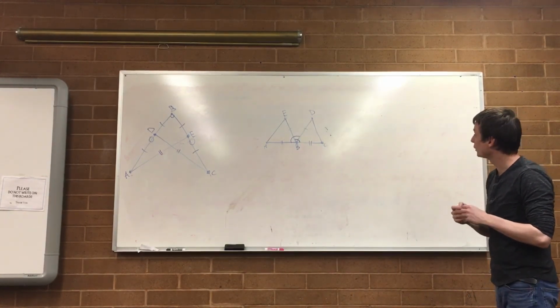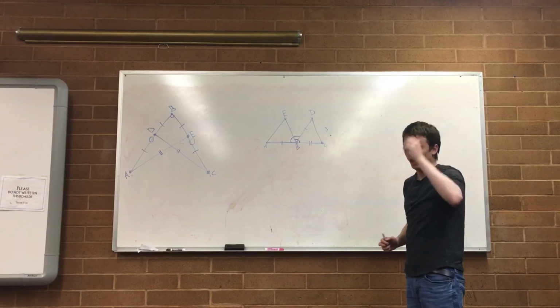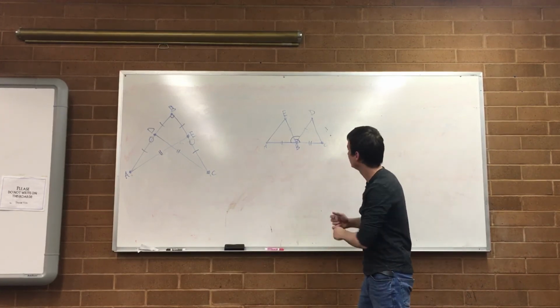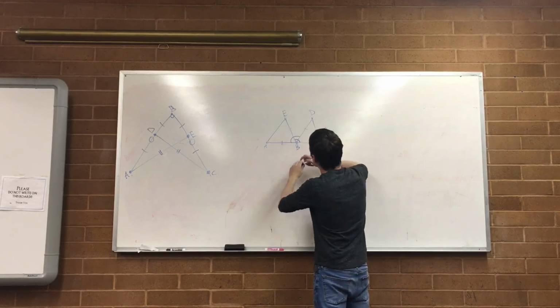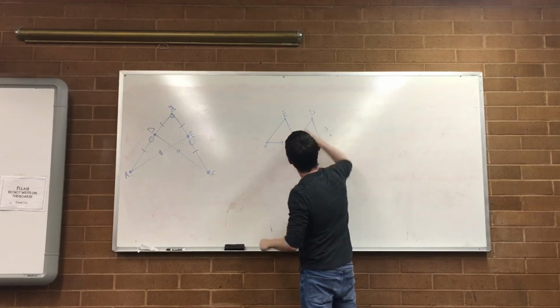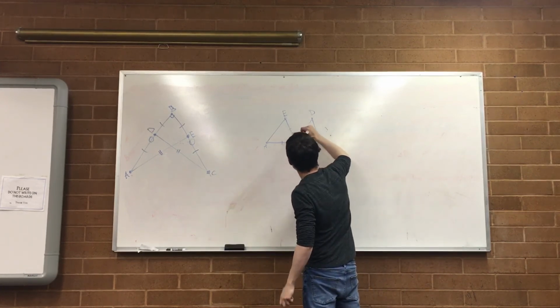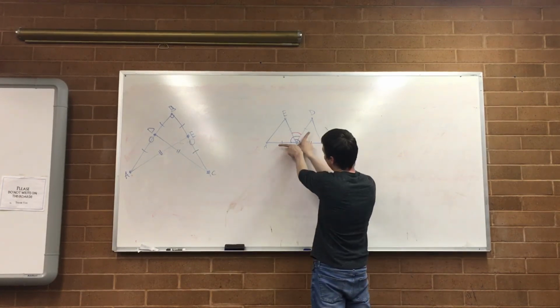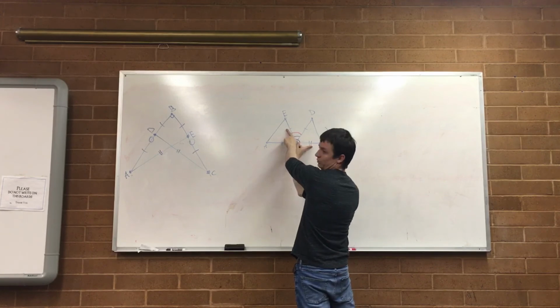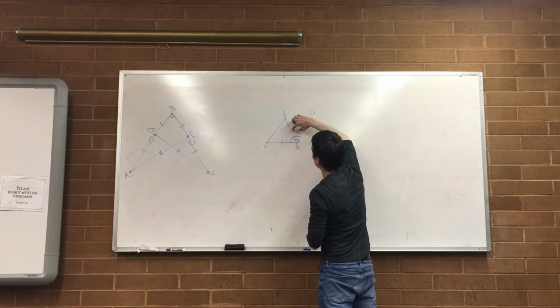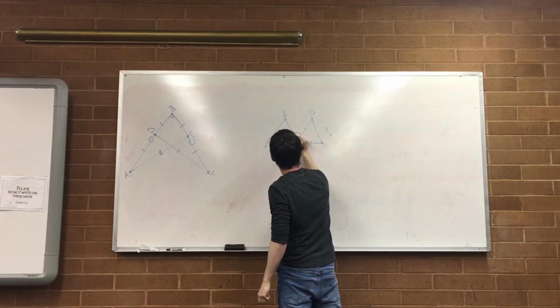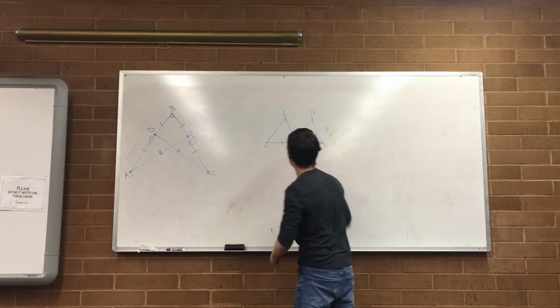So now we're going to use our equals subtracted from equals theorem, right? Because notice this angle's the same for both those angles. So if this whole angle is congruent to this whole angle, and we take away that equal portion from both of them, that gives us that this angle is congruent to this angle.